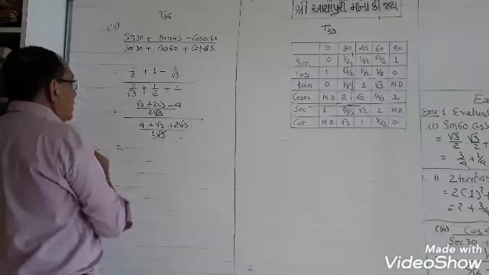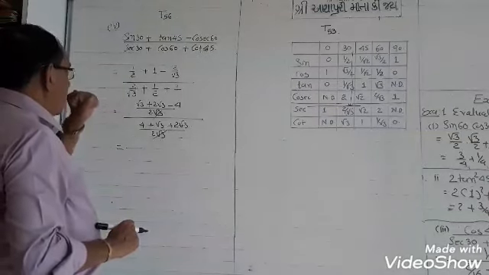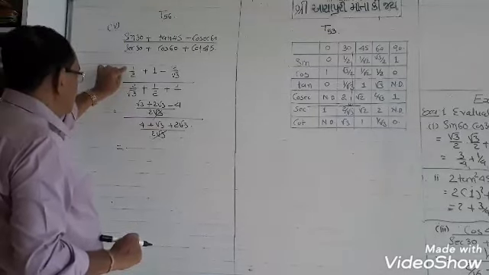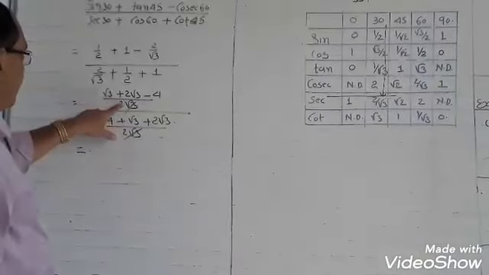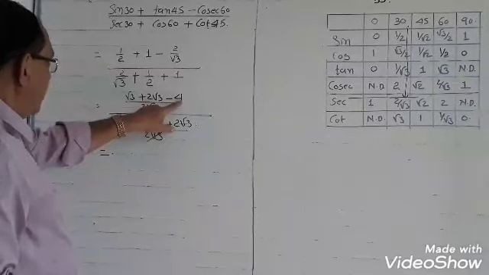So here 1 upon 2, root 3 plus 2 root 3 minus 4.